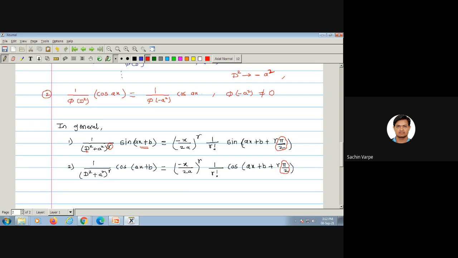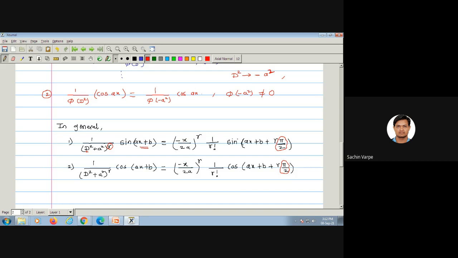Don't get confused with the formulas; the why should be clear. So this is minus x upon 2a raised to r. For r odd, we'll get a negative or minus sign here, and for r even, we'll get a positive sign.